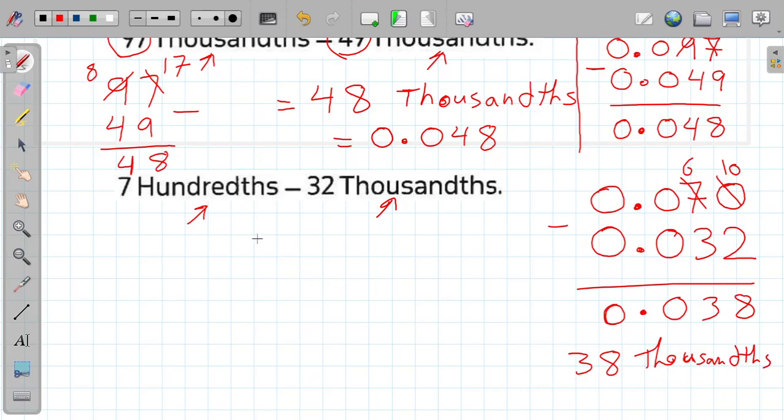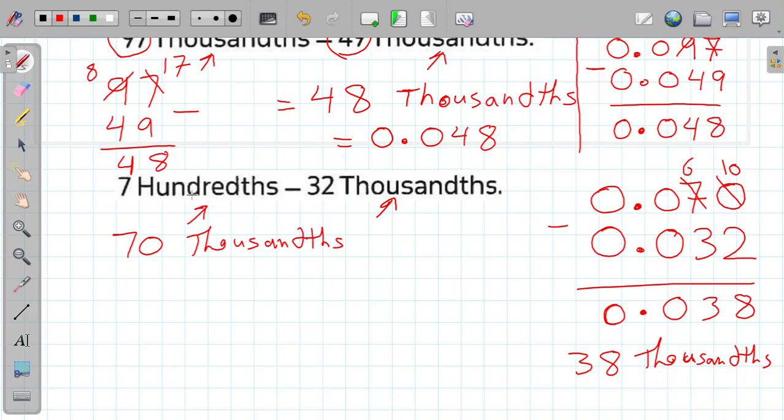Okay, but if I want to subtract with this form, what will happen? Next, I will change hundredths to thousandths. Okay, so I know that 7 hundredths is equivalent to 70 thousandths.